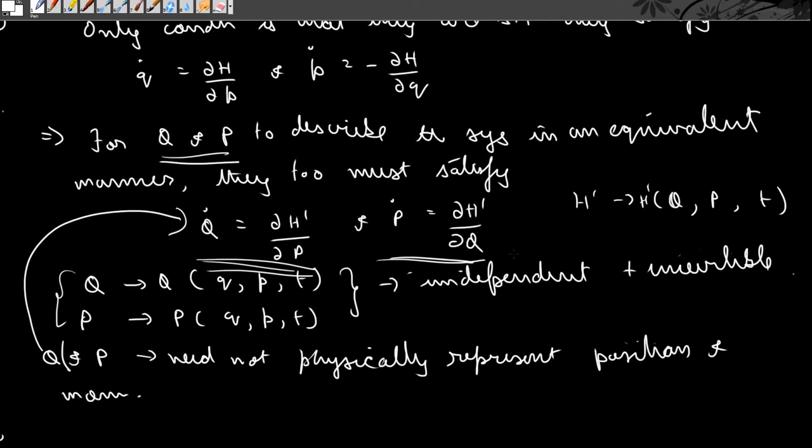So these constraints are taken care of by the generalized coordinates in such a way that the coordinates are described using some quantity which need not physically represent the position and momentum.